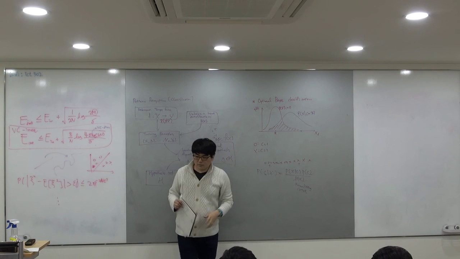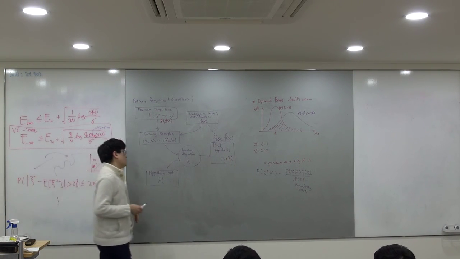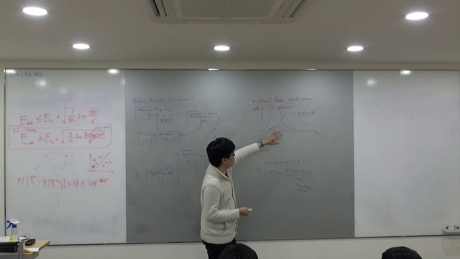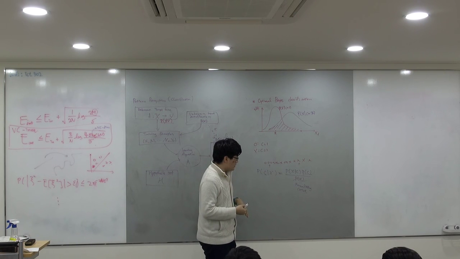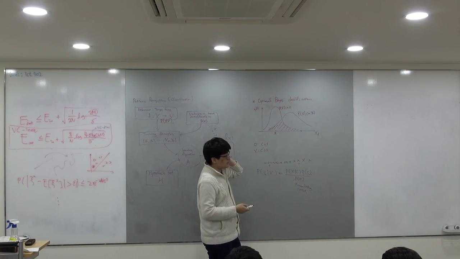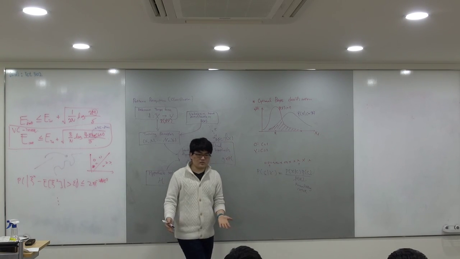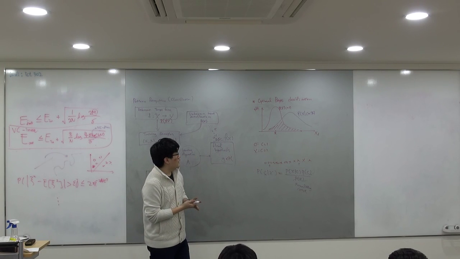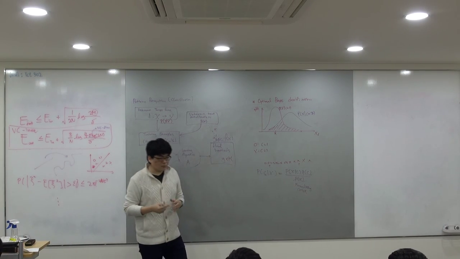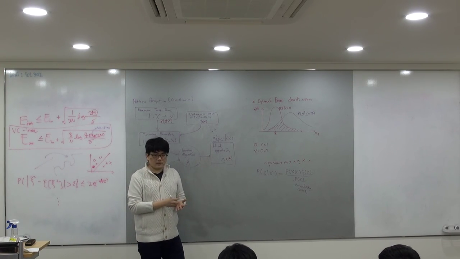But if you have some kind of prior knowledge on the class, for example, if class 1 is cancer, and class 2 is not cancer, then you maybe have some prior knowledge that normal people don't have cancer, right?